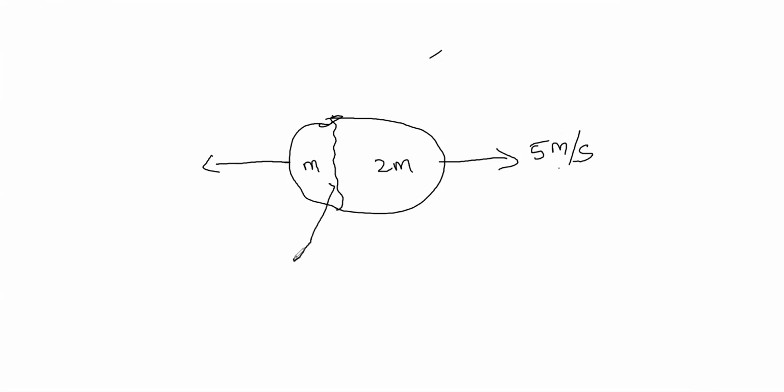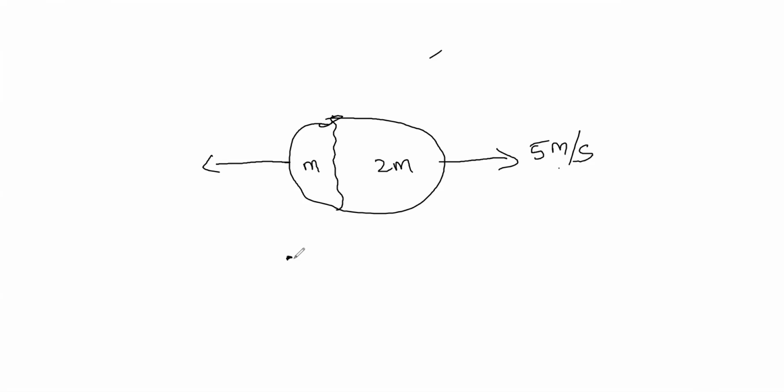Okay, you're guessing. Let's calculate. For guessing also you have to tell whether it moves with greater speed or lesser speed, right? If the mass is more, it will move with less speed.